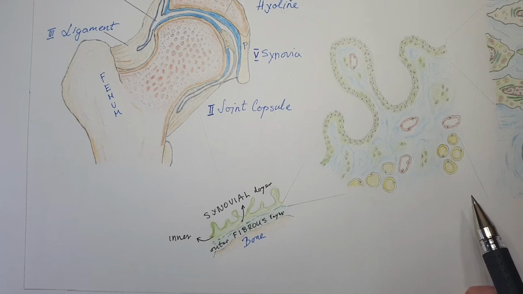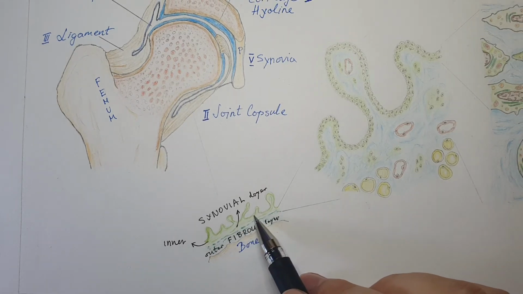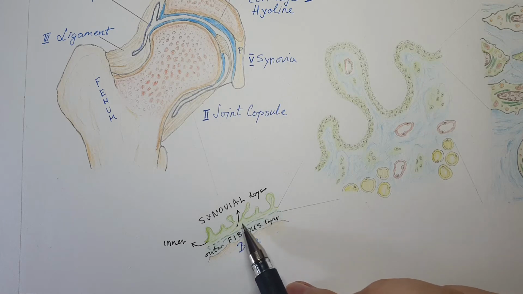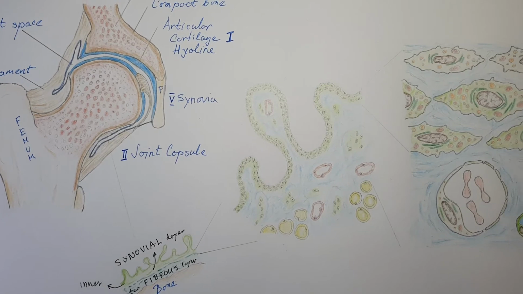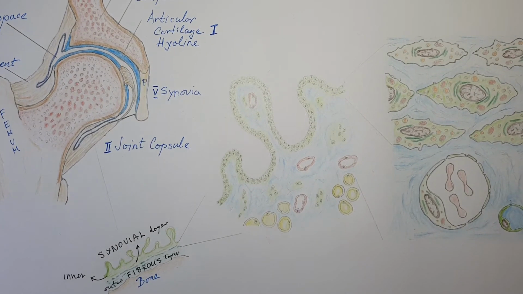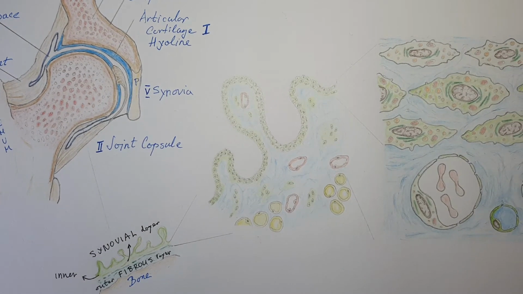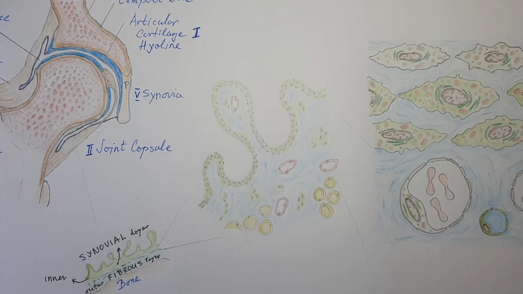Now, if we would take only this inner layer and enlarge it further, we can appreciate that it also has a compact structure.